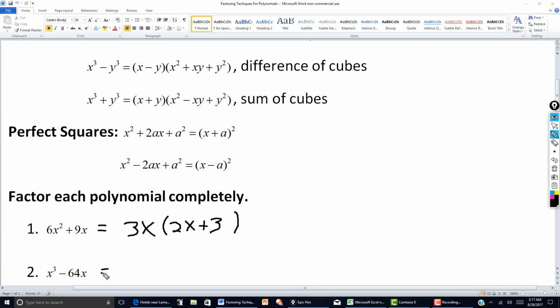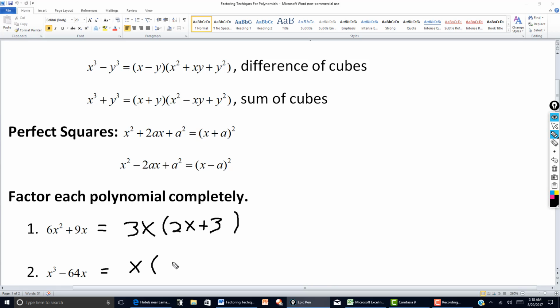Again, whether you're factoring a binomial, a polynomial with 2 terms, or a trinomial, a polynomial with 3 terms, always look for a common factor. In this one we have x to the third minus 64x. Notice each term has a factor of x, so we can take out an x.